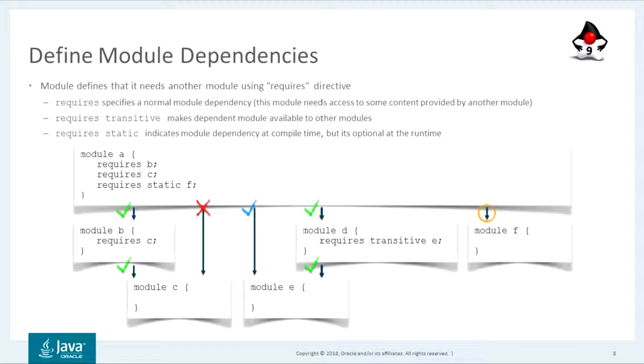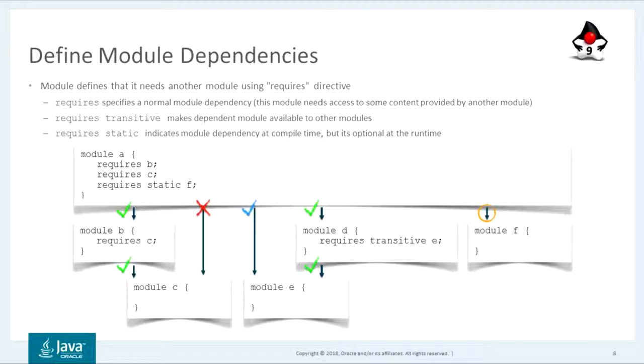Requires specifies a normal module dependency, so my module needs something in another module. Let's say I have some modules A, B, C, D, whatever. If module A says it requires module B, then you will have access to module B. It's possible that it will require module C as well, etc.